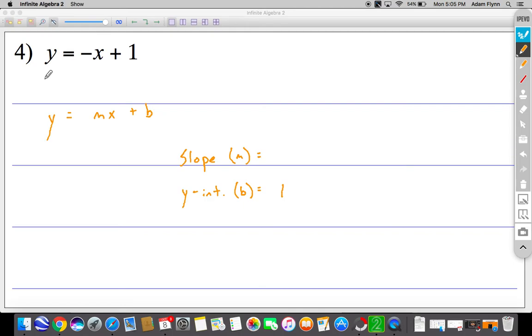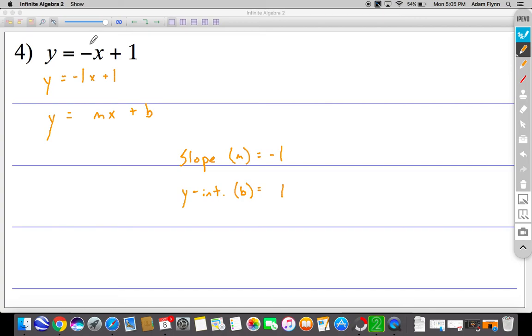Okay, so this is the same thing as having y equals -1x plus 1. So if I had y equals -1x plus 1, it's easy to tell that my slope is -1.